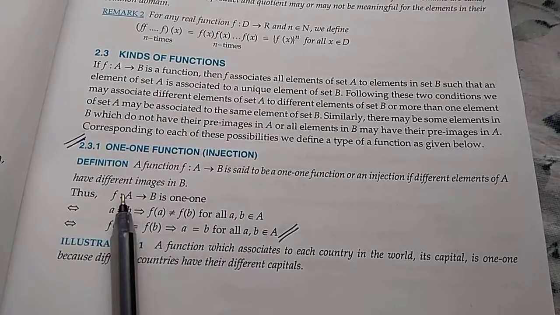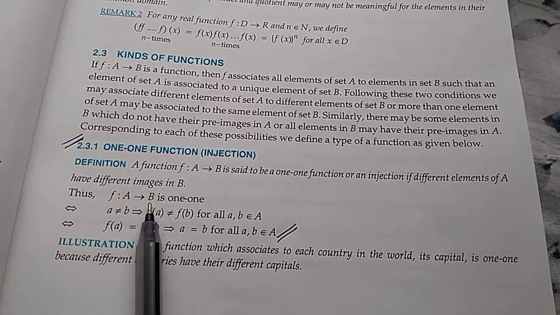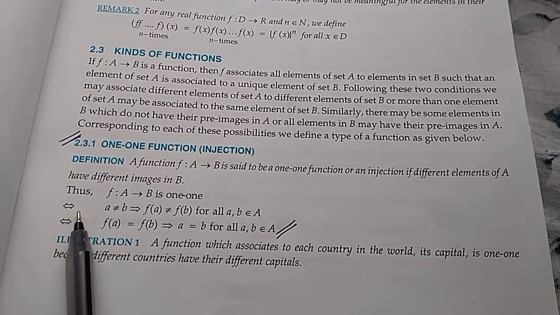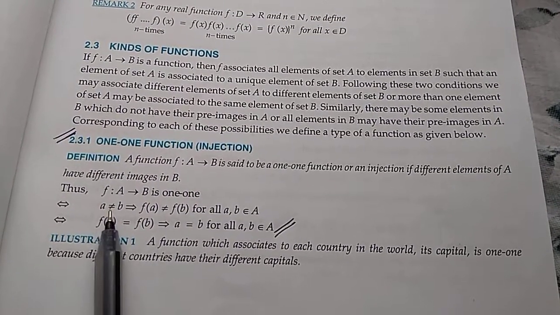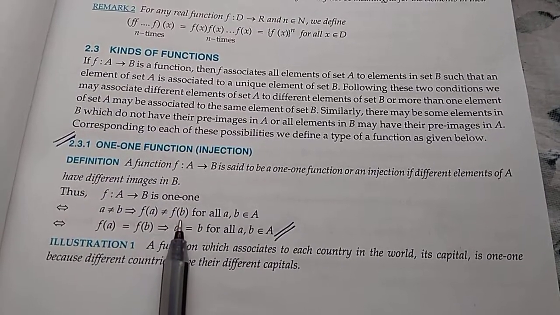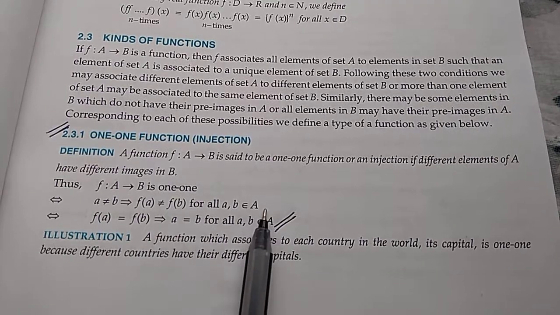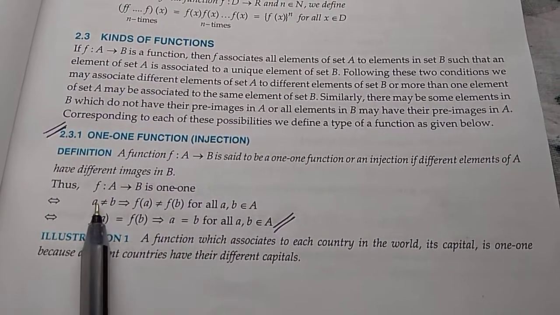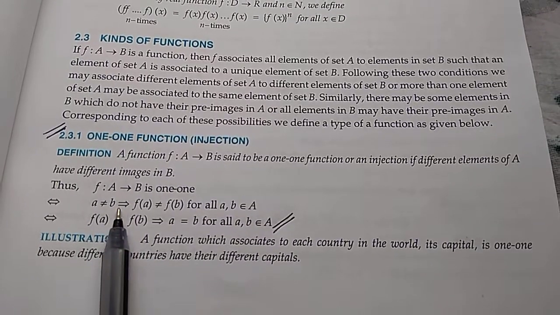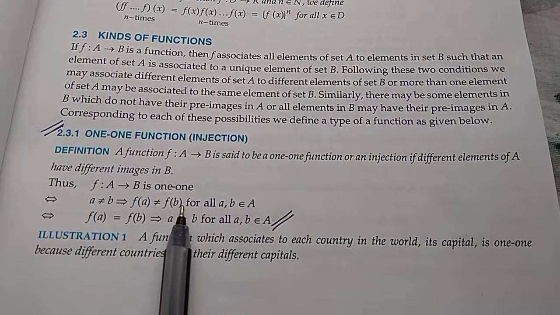That is, f, a mapping from A to B, is said to be a one-one mapping or function if and only if a is not equal to b implies f(a) is not equal to f(b) for all a, b belonging to A. That is, if preimages are different, then images are different.